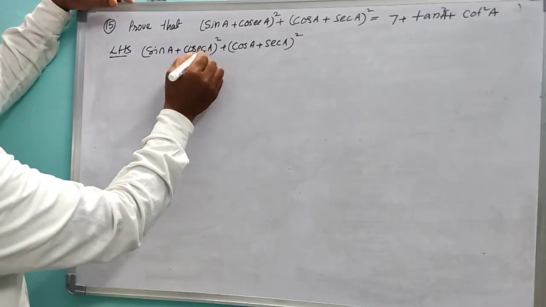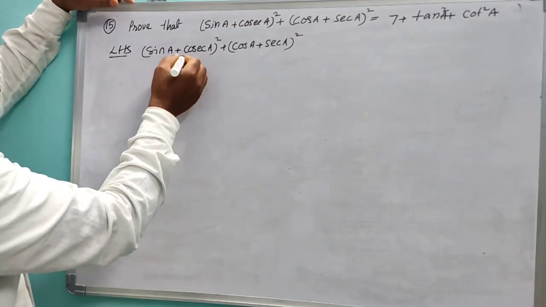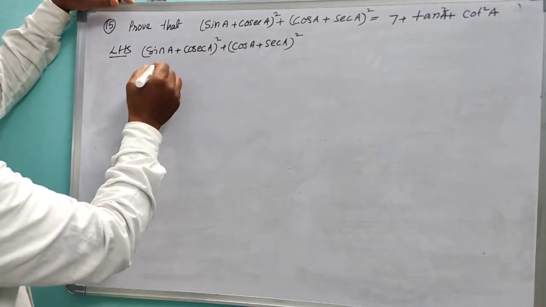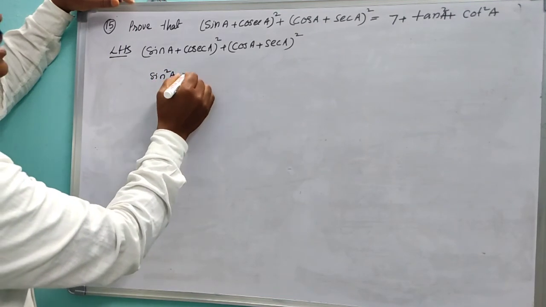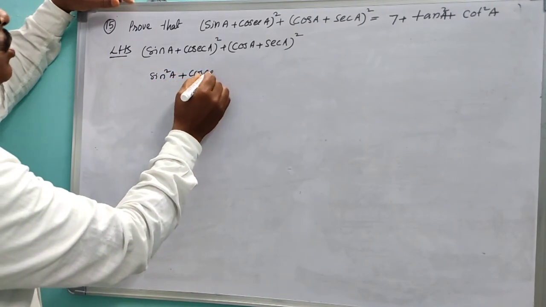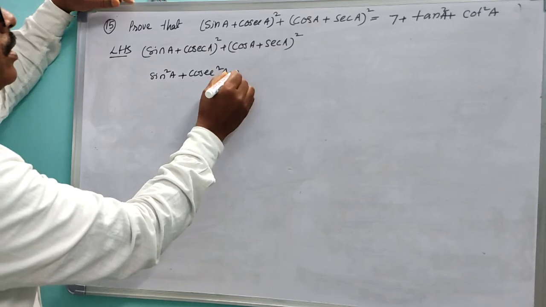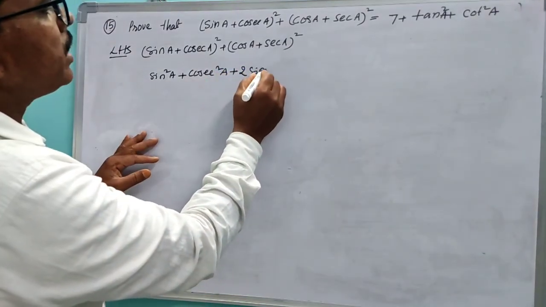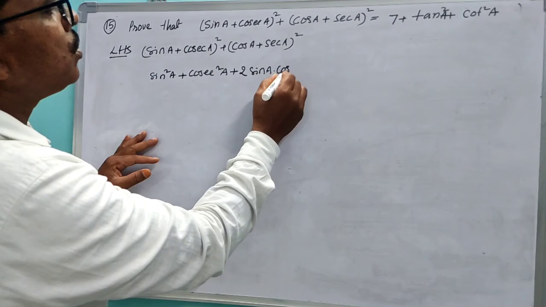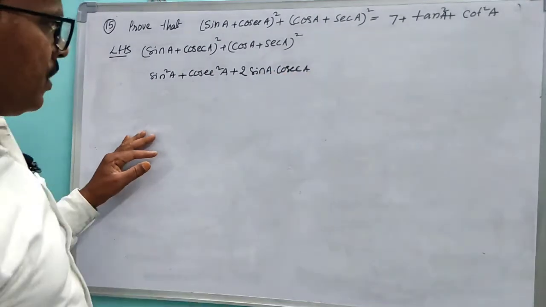So this is equal to, according to a plus b whole square, we can write sin square a plus cosec square a plus 2 sin a into cosec a.